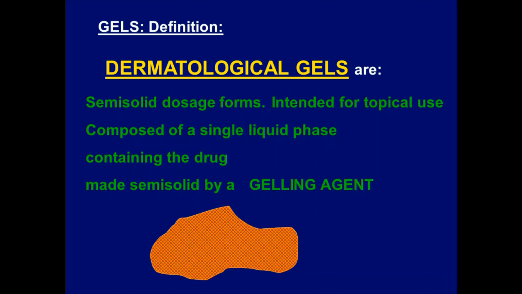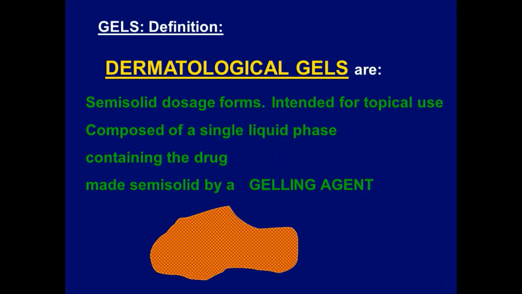So, the characteristic composition of gels is that they are composed of a single liquid phase. The drug is dissolved in this liquid phase, and the solution of the drug is made semi-solid by the addition of a polymer called a gelling agent.